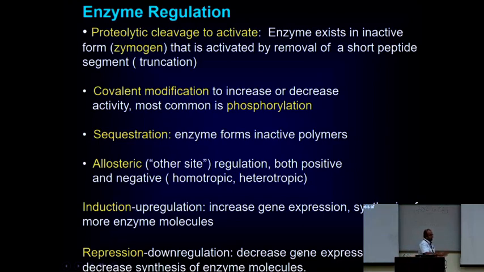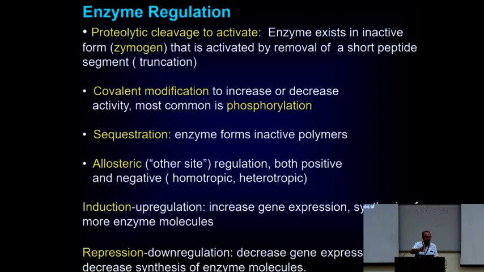So, for example, let's say the liver, under specific conditions, has 2 molecules of an enzyme called glucokinase. Under another condition, the liver upregulates the gene for glucokinase and makes 5 copies instead of 2 copies of that enzyme.